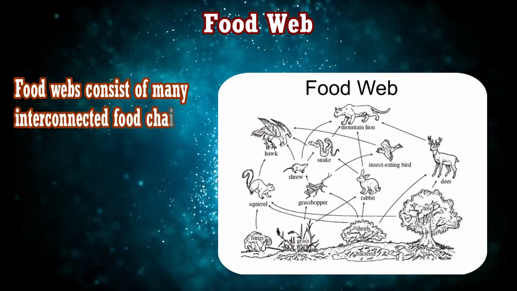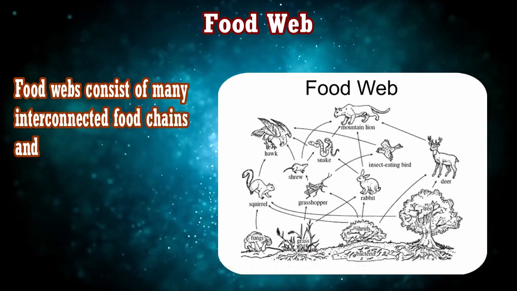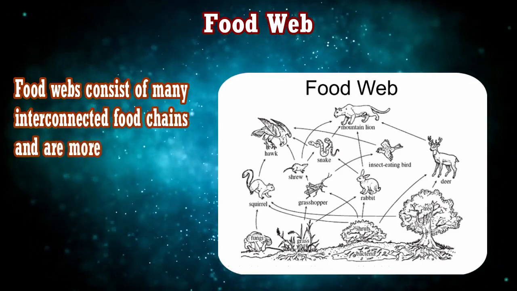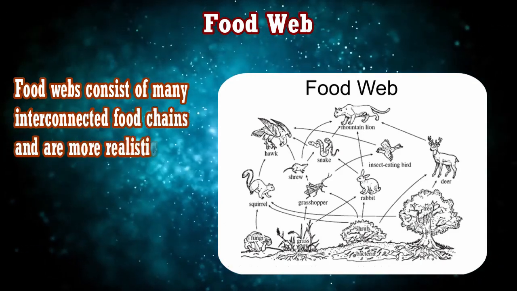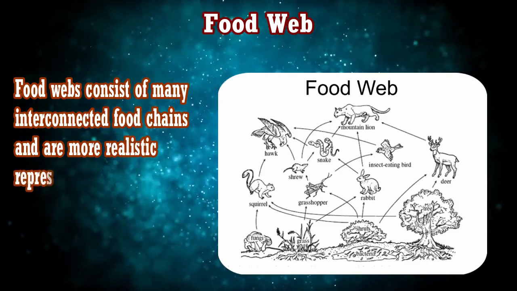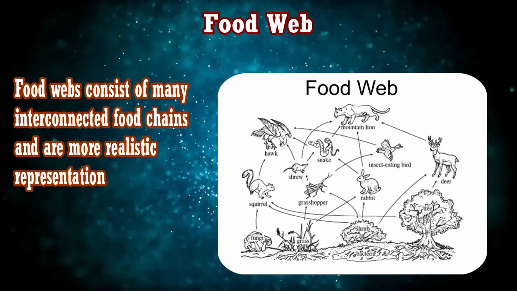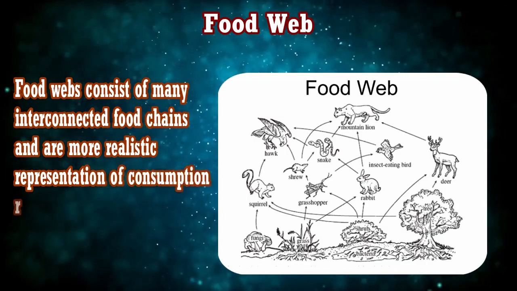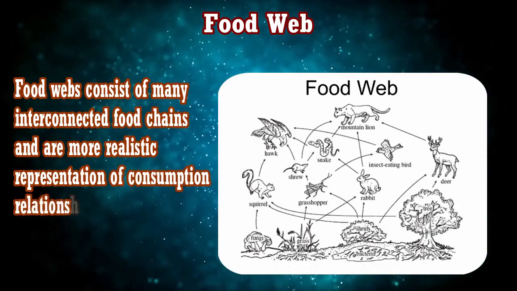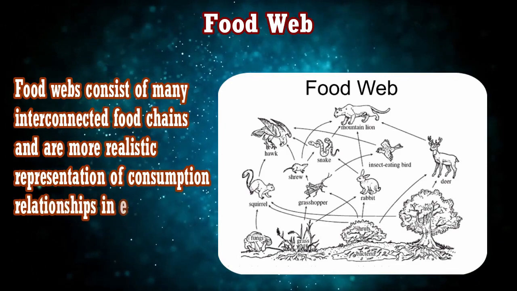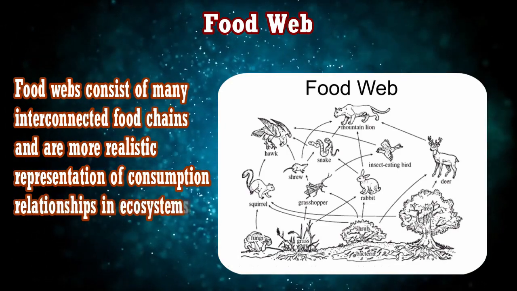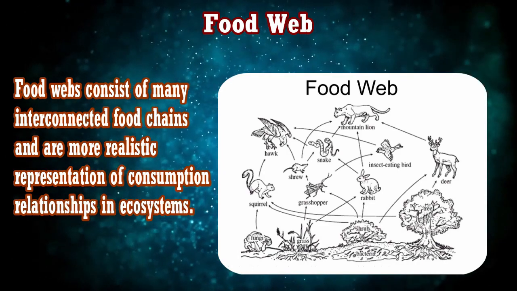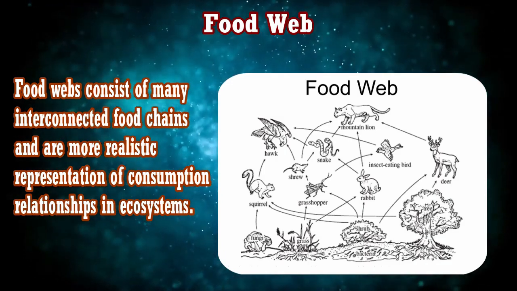Okay, now the combination of different food chains results in the formation of a food web, right? So you can see in the diagram that different types of food chains are combined in this particular thing, which is called a food web, right? Now a simple question can come: how many food chains are present in the food web? Whatever food web we are seeing here, can you tell me how many food chains are interconnected in it?